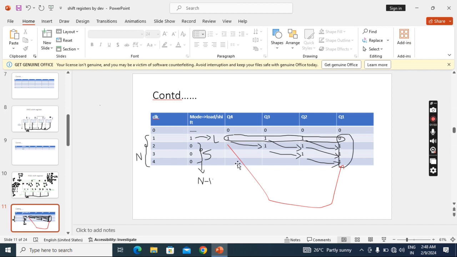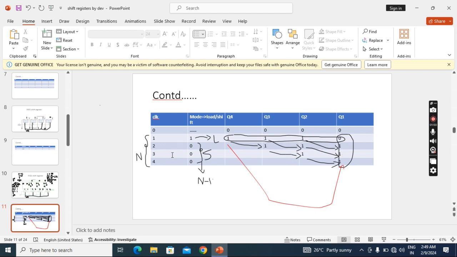Here I am applying my input parallelly. This is not the input, these are the mode values. This is my input, 1 1 1 0. I am applying my parallel data here. At clock pulse 1 my data is parallelly loaded, and from the second clock pulse onward data will shift. So this Q4 will come here, this Q3 will come here, this Q2 will come here.